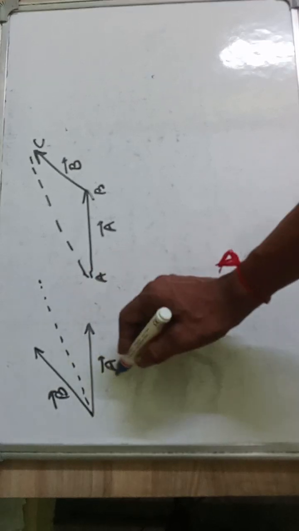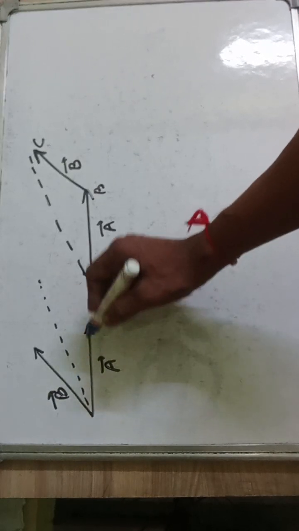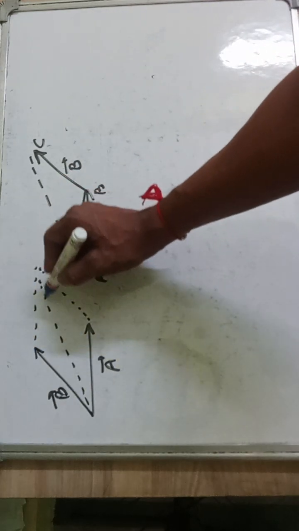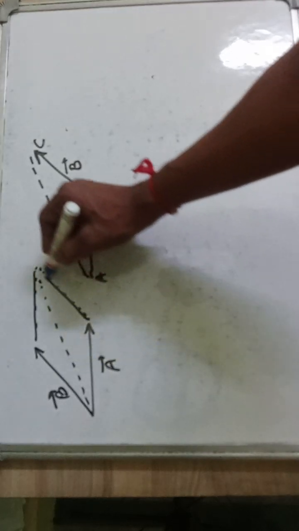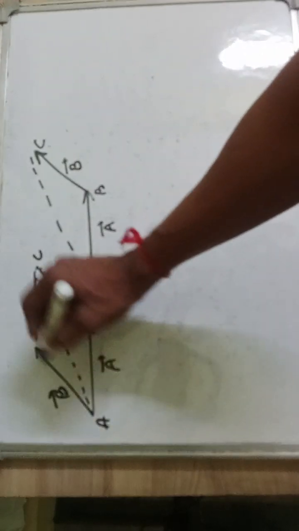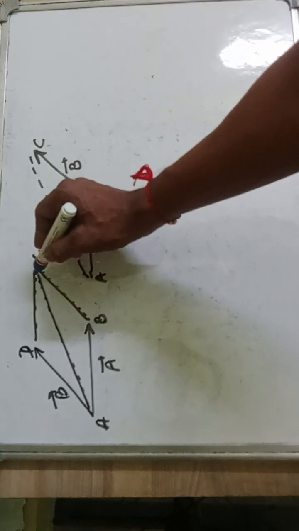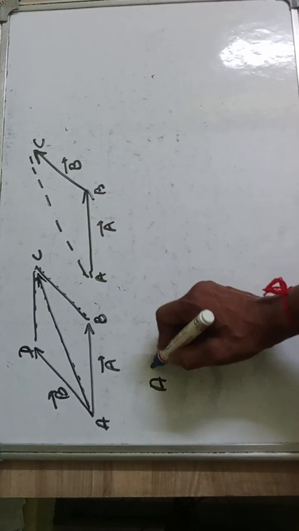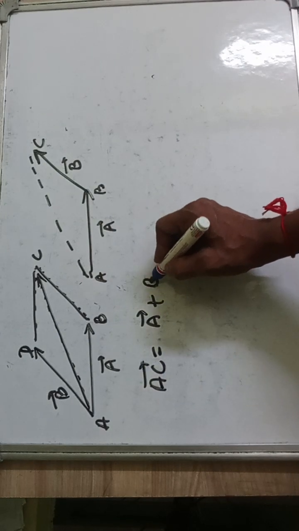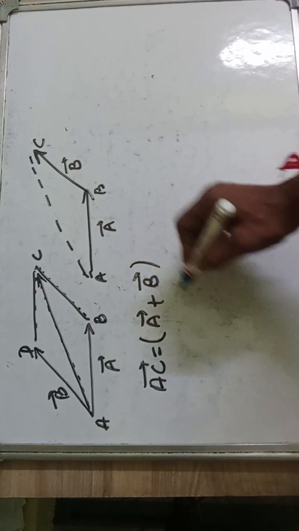Suppose this is vector A and B, they represent two sides of a parallelogram, then the diagonal, suppose this is A, this is B, this is C, this is D. Now the diagonal AC will represent the resultant vector or our required vector after A and B is added.